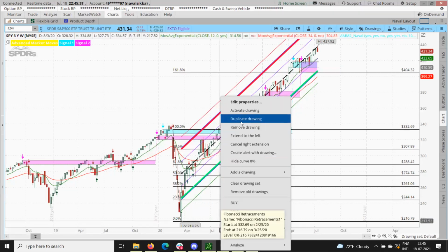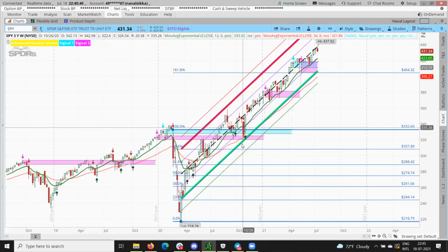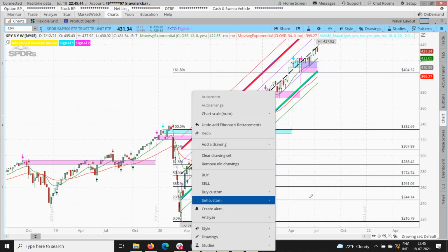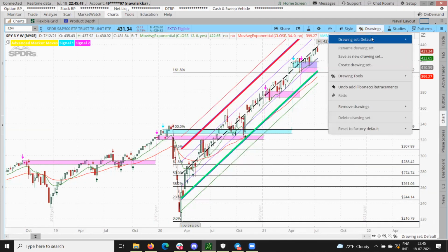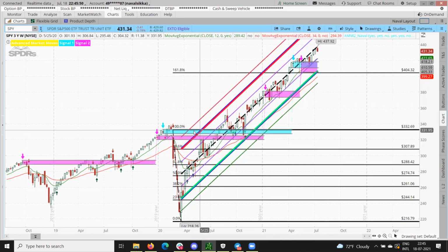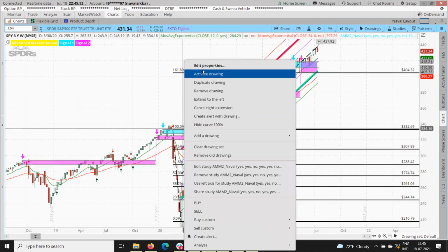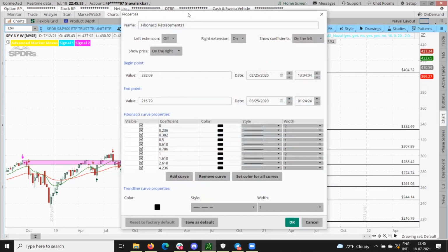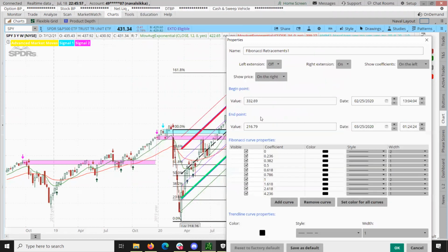I will click here, activate my drawing, and let me just choose it. I click here and edit my properties, and in my properties, I'm trying to put the exact number 218.36 so that my levels come out very precise.